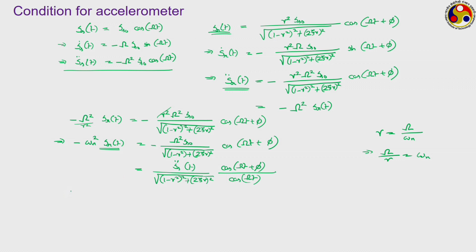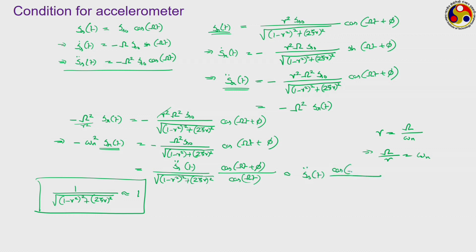If we impose this condition, that is 1 upon root over (1 minus r square) whole square plus (2 zeta r) whole square, if we assume this to be nearly equal to 1, then this particular situation becomes S_S double dot(t) cos(omega t plus phi) by cos(omega t), that is the resultant displacement, which we can also write in terms of resultant acceleration.